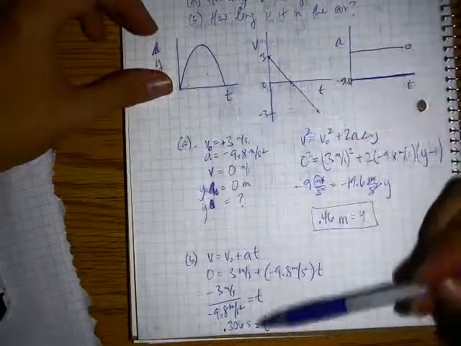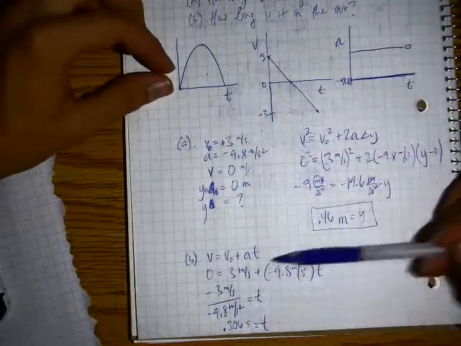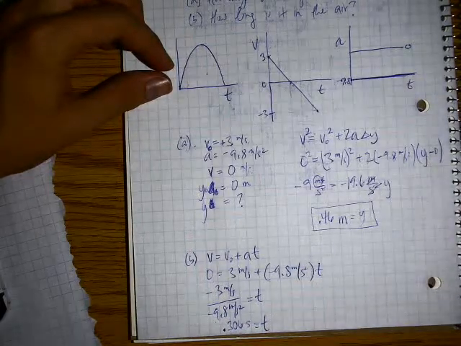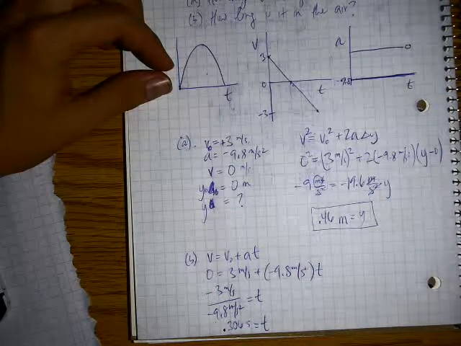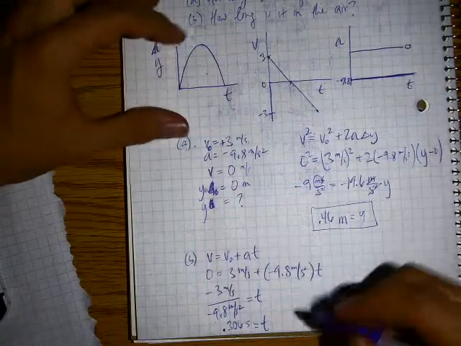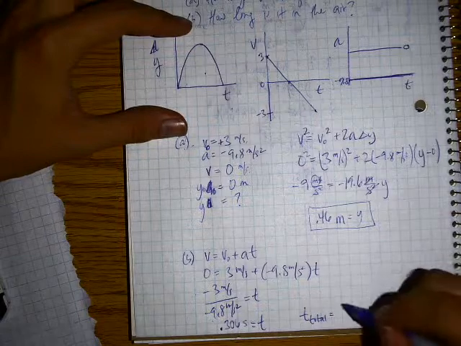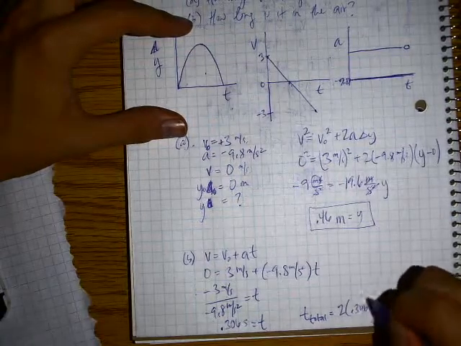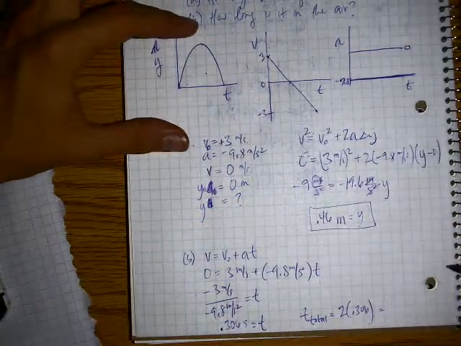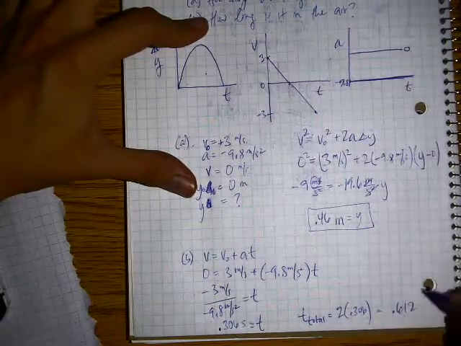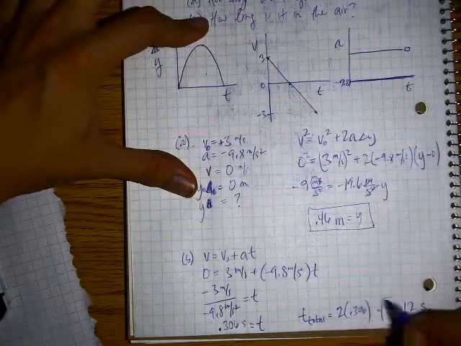And so if it takes 0.306 seconds to get to the top of its motion, it will take 0.306 seconds to get to the bottom of its motion. Alright, and so the total time, t total, will be 2 times that, which will be 0.612 seconds.